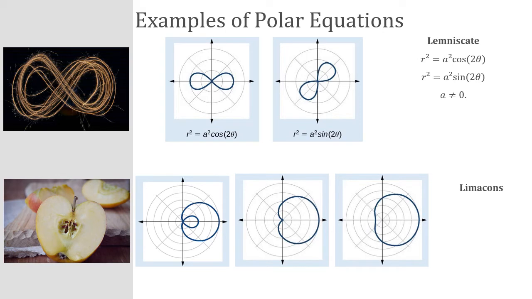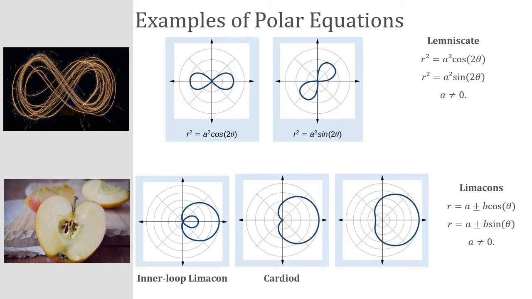And finally, we have the graph of the polar equation that's called a limacon. And the equation for a limacon is r equals a plus or minus b times the sine or cosine of theta, where a does not equal 0. Now, the different types of limacon: there's one called an inner loop, and you can see that inner loop on the inside.